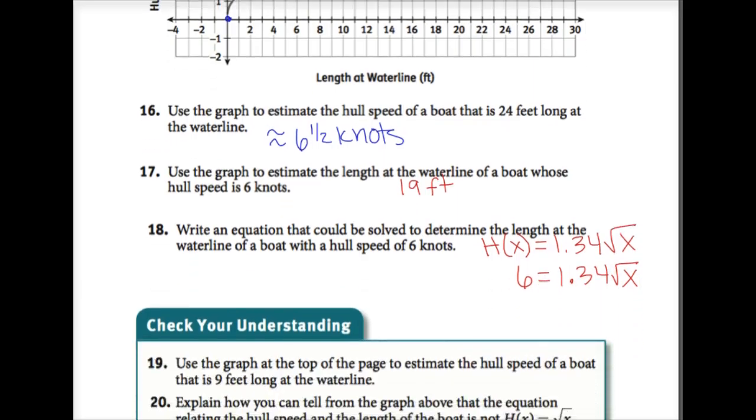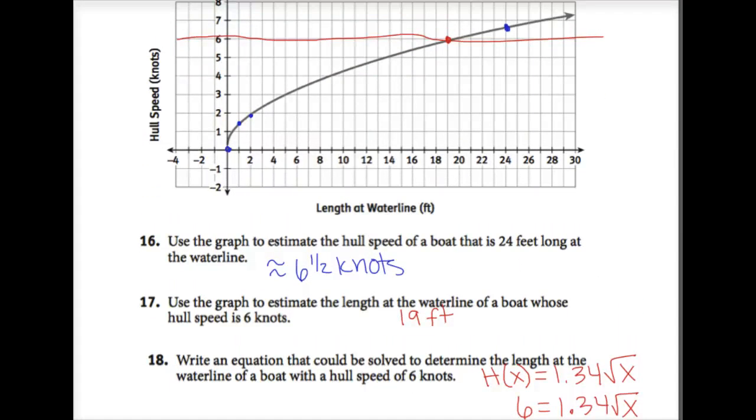Now, the one thing that I want to go over again really quickly, they gave you a graph here, so you could eyeball these answers in 16 and 17. It's been a while since we used our graphing calculator for these, but I want to show you again how to do that because you will need to be able to do that in some homework and or quiz test problems.